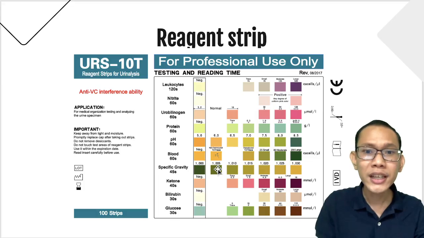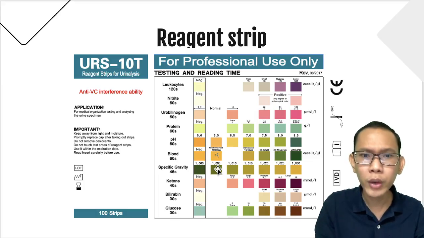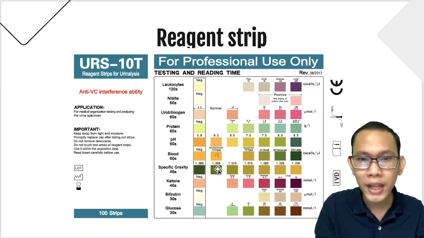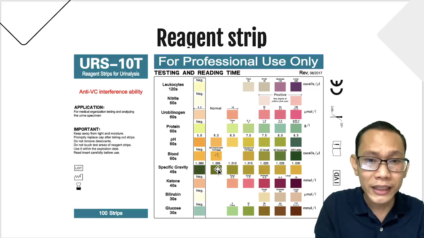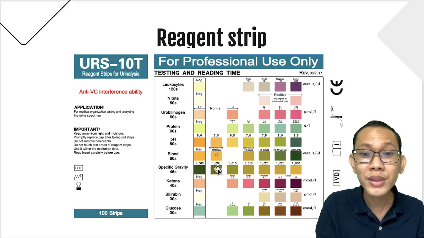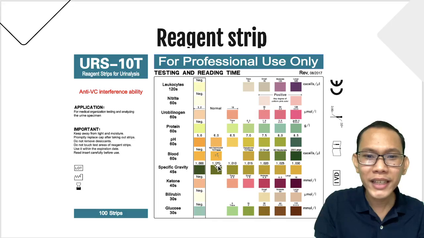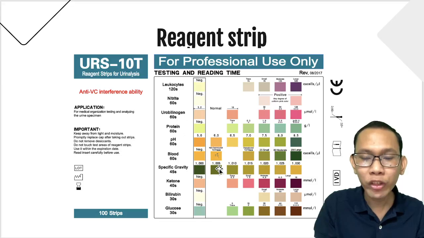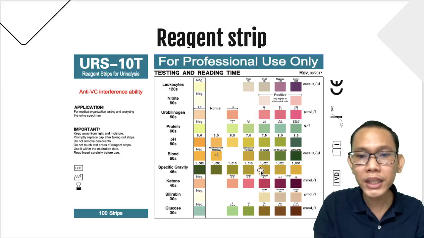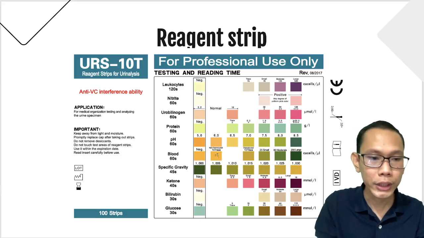Kasi nga, water, specific gravity yan ng distilled water, and we're not expecting that in a urine sample. Again, you don't have to release a result of a urine na 1.000 ha. Dapat, base sa ating parameters dito, nagsa-start sila sa 1.005. Ang interval is by 5, so add by 5, 1.010, then 15, 20, 25, and then 30. Okay?